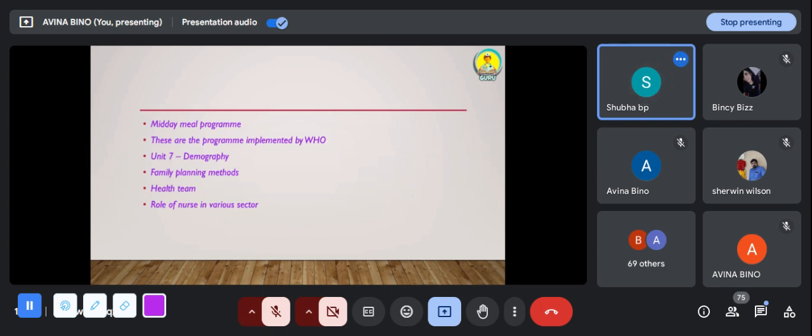So if they ask about family planning methods, you need to write the meaning of family planning and which methods are used, for example copper T, vasectomy, tubectomy. These are the methods used in family planning.